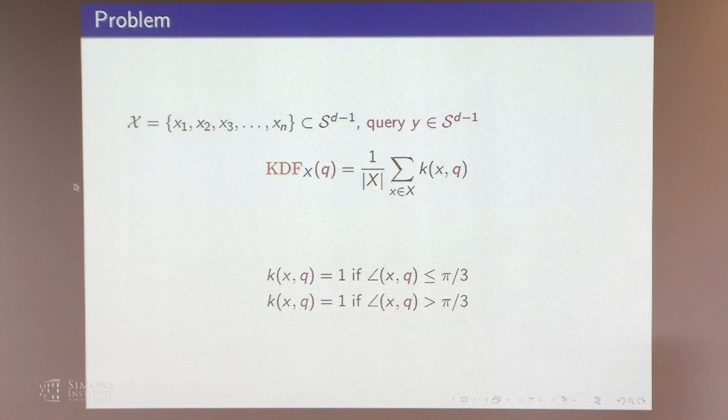Very simple question. Given this high dimensional data set, can we estimate how many points are in a nearby region around this query vector? And what does nearby mean? Let's say nearby is 60 degrees. Let's just fix it to be 60 degrees for this purpose.